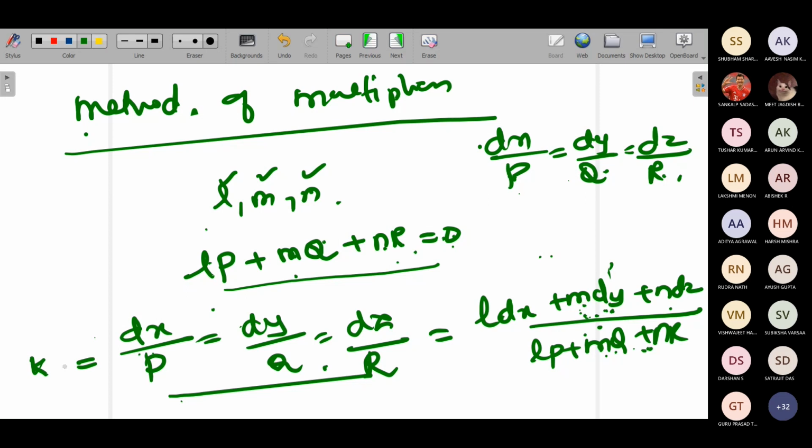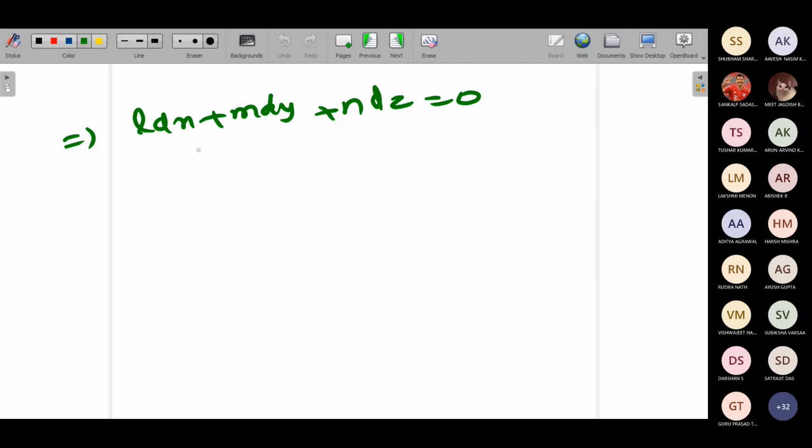Then L dx plus M dy plus N dz is also equal to k. Or you can equate it to 0 according to the problem. And from this, you'll get one solution, of the form u of x, y, z equal to 0.